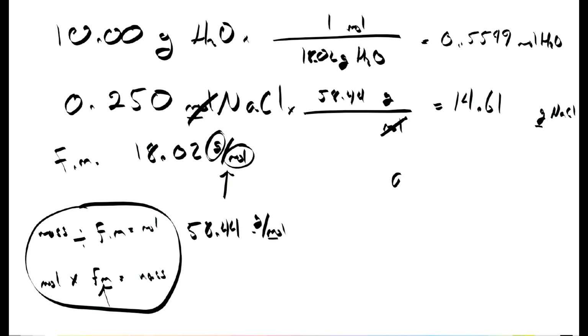What about atoms, molecules, formula units, ions, etc.? Well, for that, you're going to use Avogadro's number. So let's say you have 0.125 moles of oxygen. That's going to be how many molecules of oxygen?